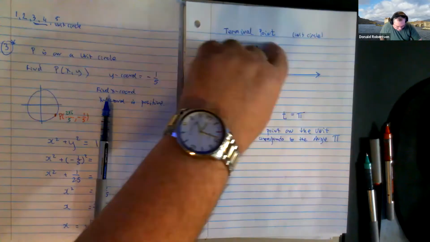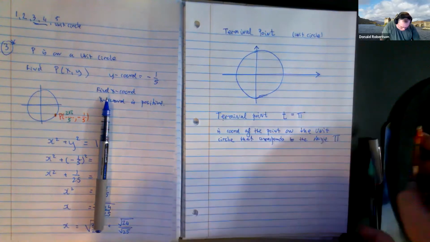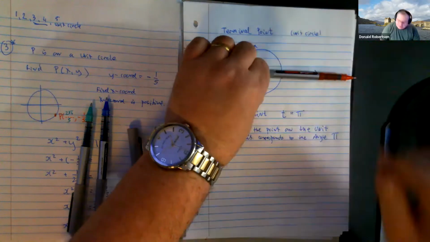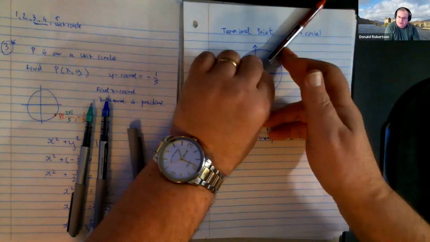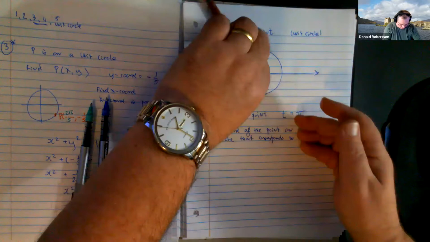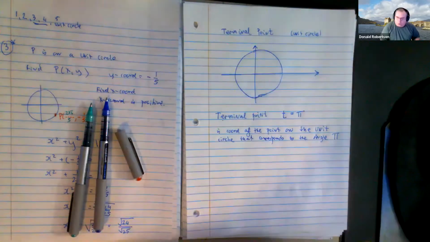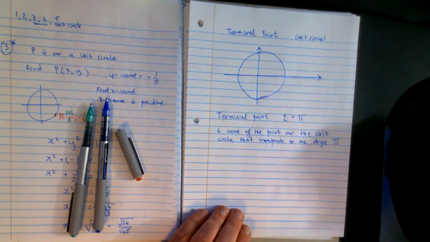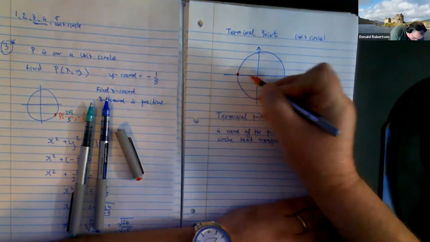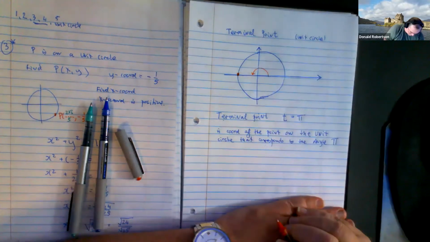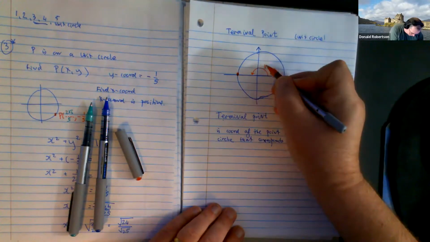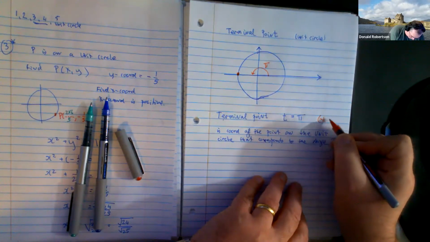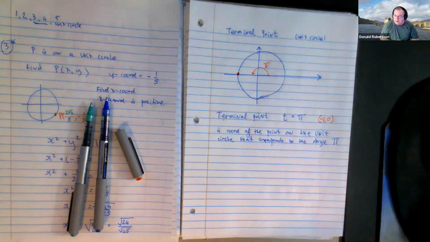Okay, on this unit circle, where is the angle pi? So, right, you start off there, right? And you turn anti-clockwise until you get to an angle of pi. Where on my unit circle would that guy be? -1, 0. Would you agree it'd be there? And so the terminal point would be -1, 0. And that's what you would write in.